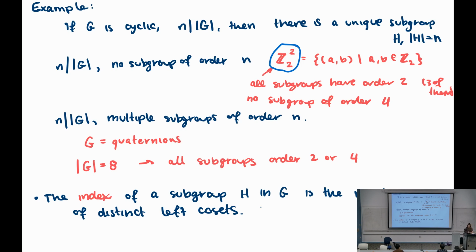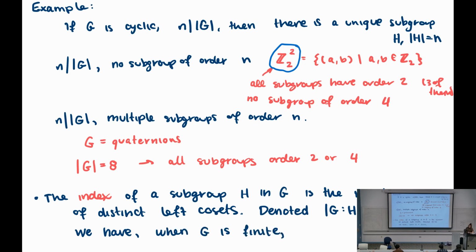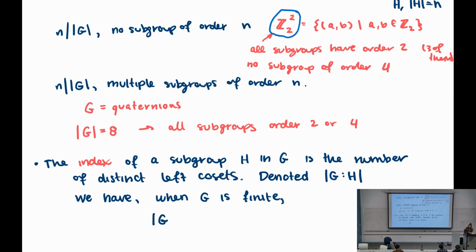And this is denoted like this, G colon H. And by Lagrange's theorem, when G is finite, we automatically have that G colon H, the index, is equal to the order of G over the order of H. Okay, so that's one corollary.